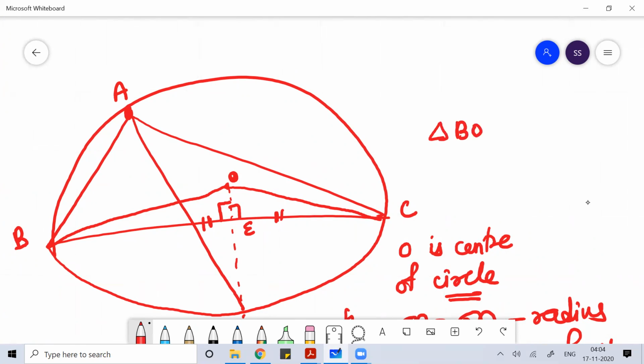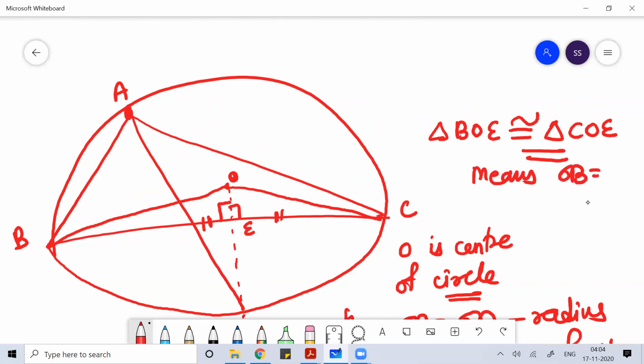Once you understood that triangle BOE is congruent to the triangle COE, it means OB will be equal to OC because of congruency.